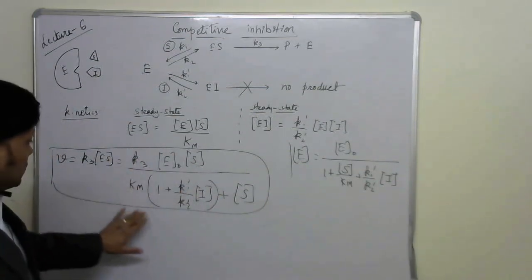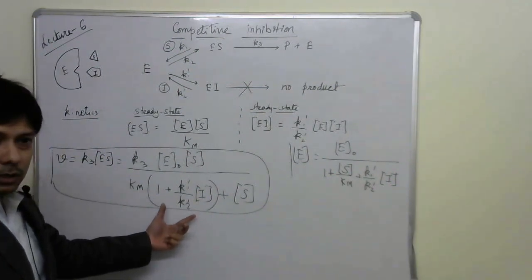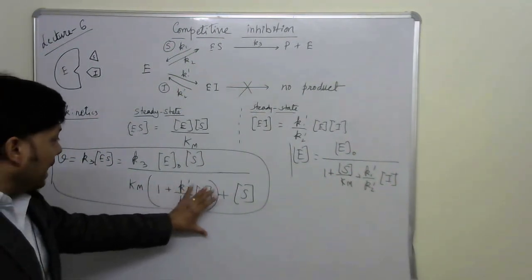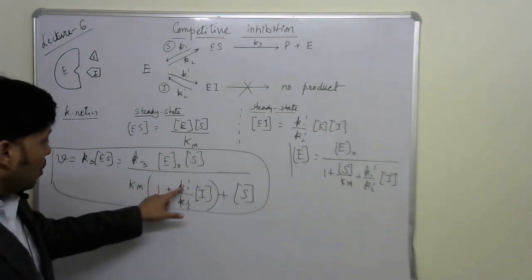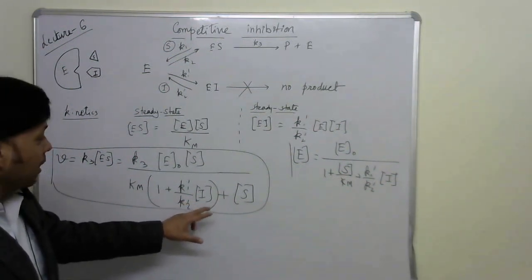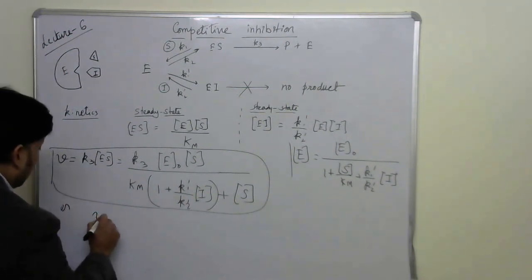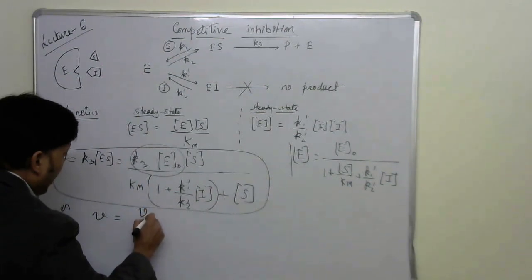So now you see we have some new terms appearing as a multiplied factor with Km, that is 1 plus K1 prime divided by K2 prime multiplied by I, and plus S. So the same thing can be written as V. Now you remember K3 E naught is simply the Vmax.